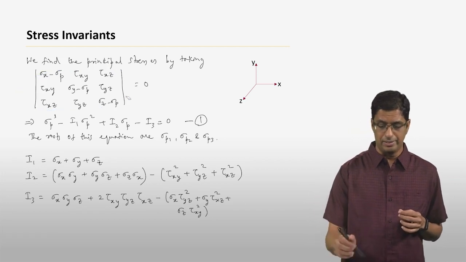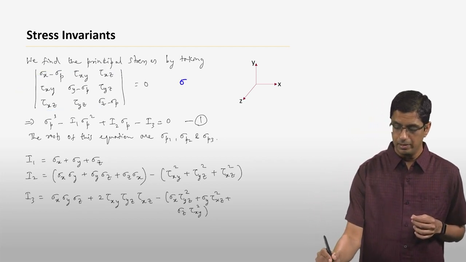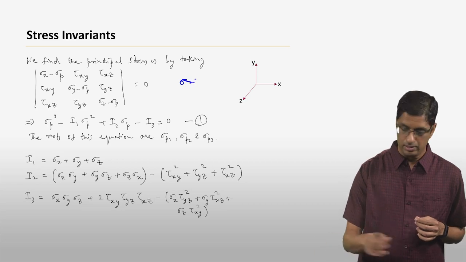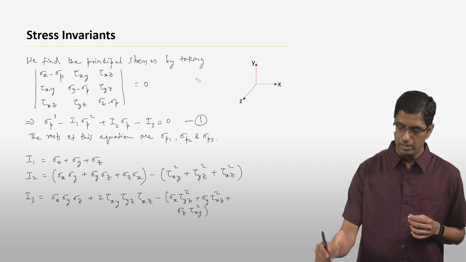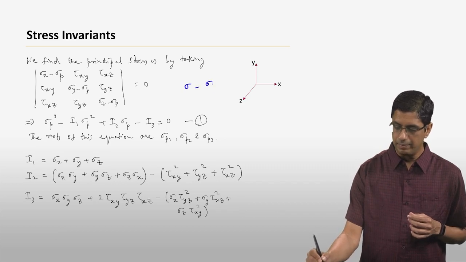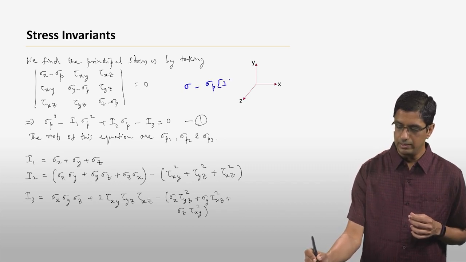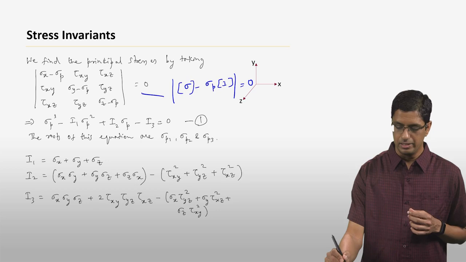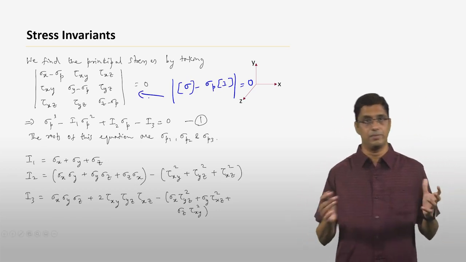So you take the stress matrix sigma minus sigma p times I. Okay, this is both matrices, and the determinant of that should be equal to 0. That is what is written here.